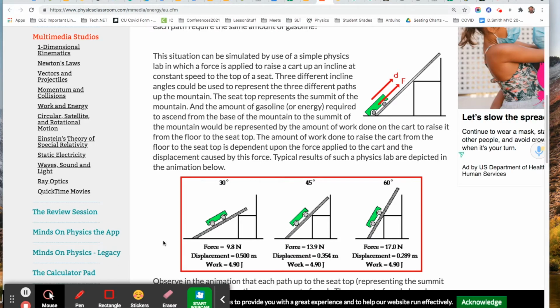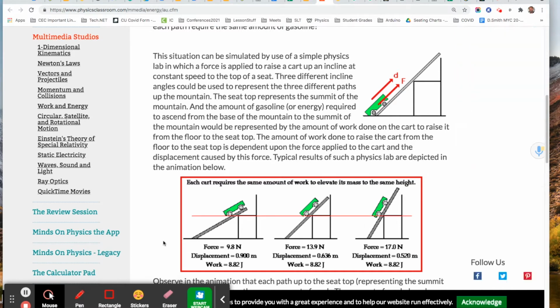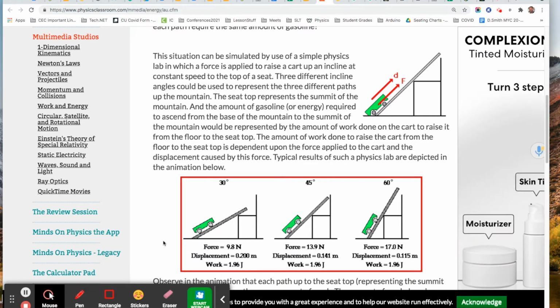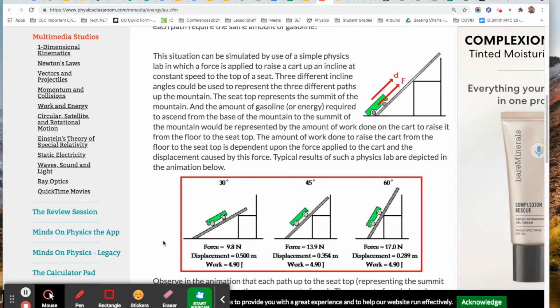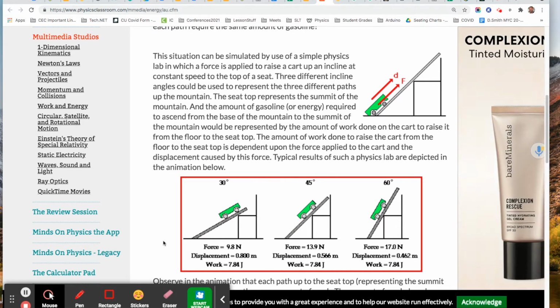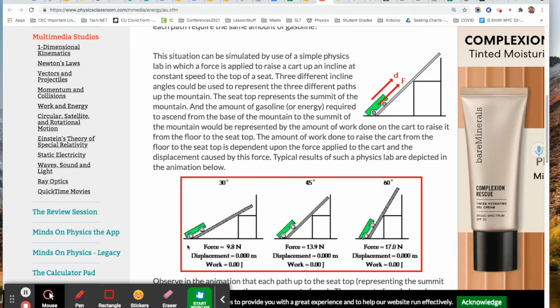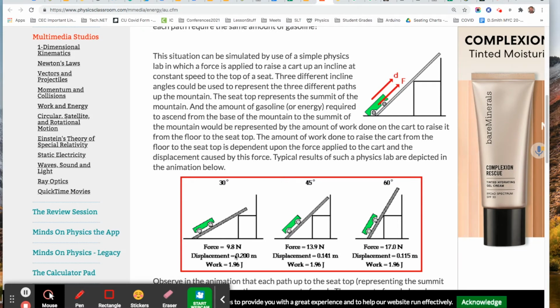Notice that all of these are going to equal 8.82 joules of energy, no matter the angle of that ramp. However, less force is required on the first one on the far left because it has a longer distance to go.